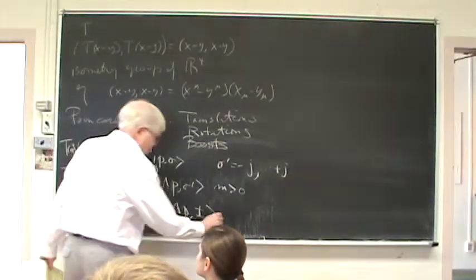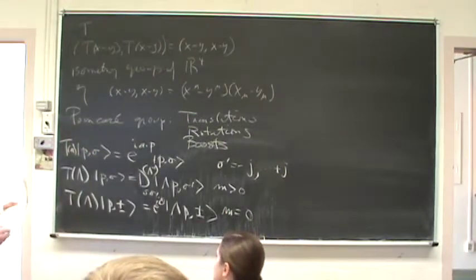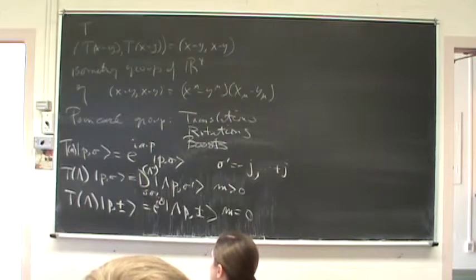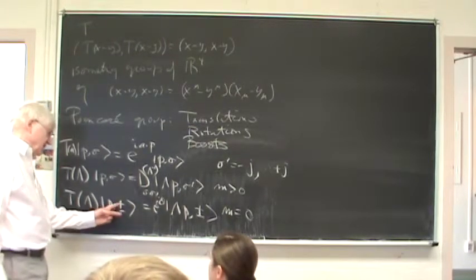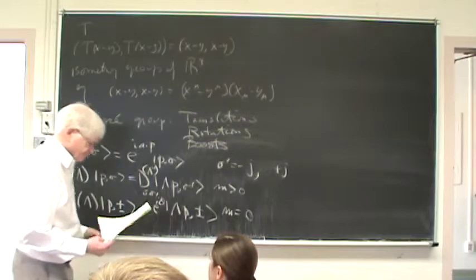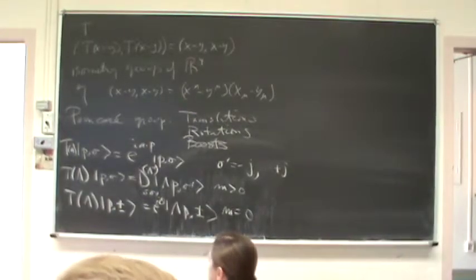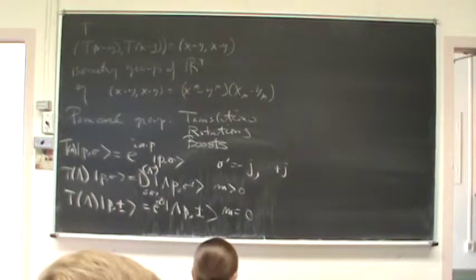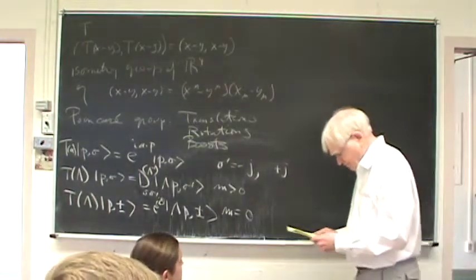This is for m equals 0. And so for 0 mass, we have a much simpler situation where you have positive or negative helicity. So this comes from group theory and Wigner and Weinberg some time ago.